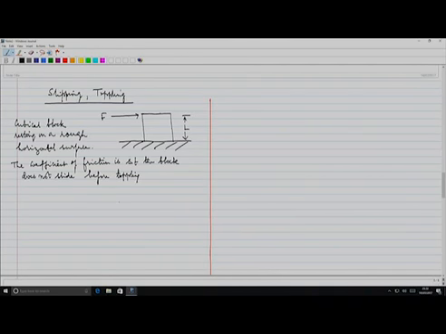So as the horizontal force is applied, there is a tendency for this block to translate. On the other hand, since the coefficient of friction is so high, what will happen? The block would only topple.